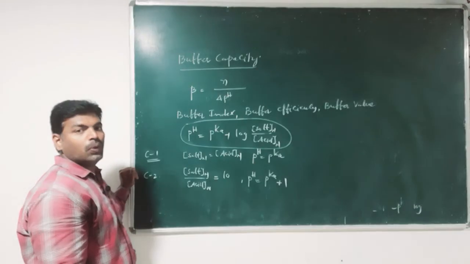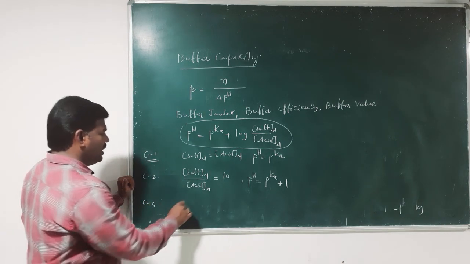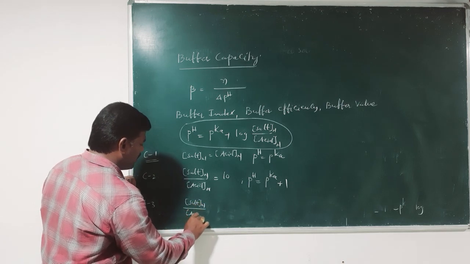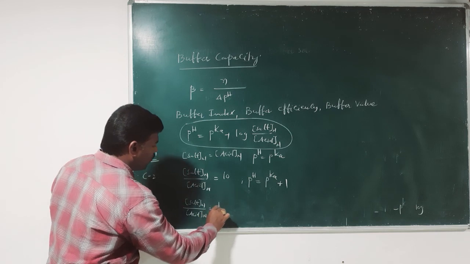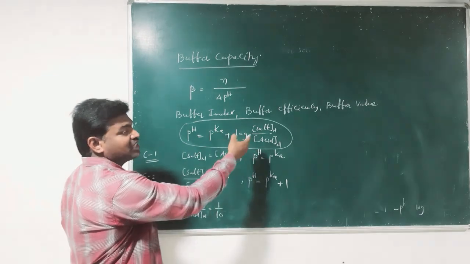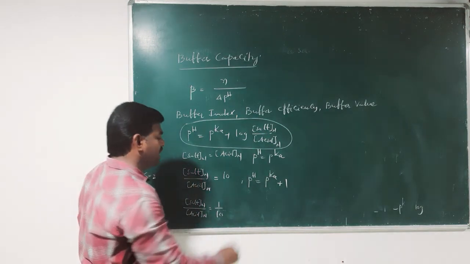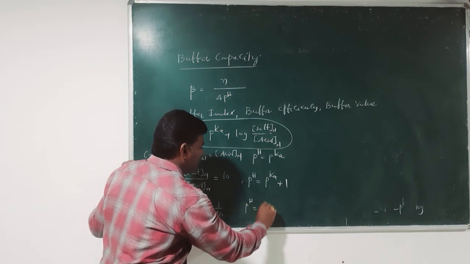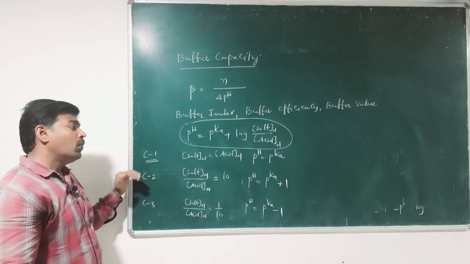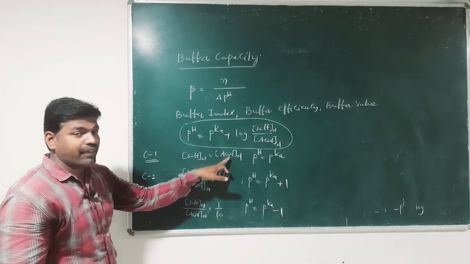Case 3: if concentration of salt by concentration of acid is equal to 1 by 10, that is 10 inverse, then log gives minus 1, so pH is equal to pKa minus 1.